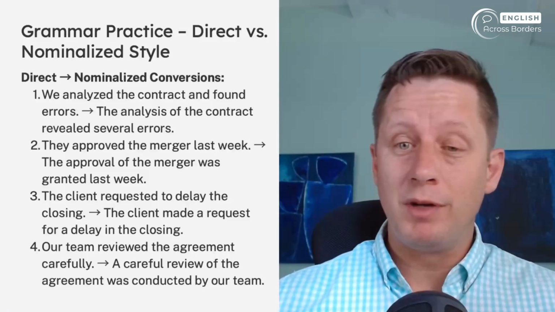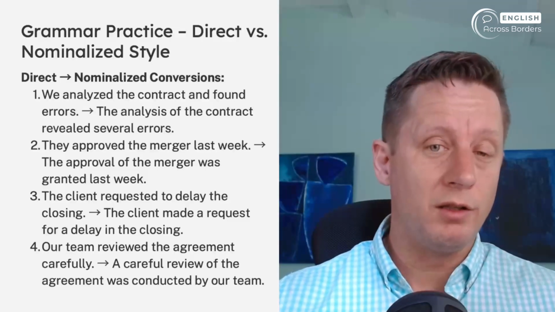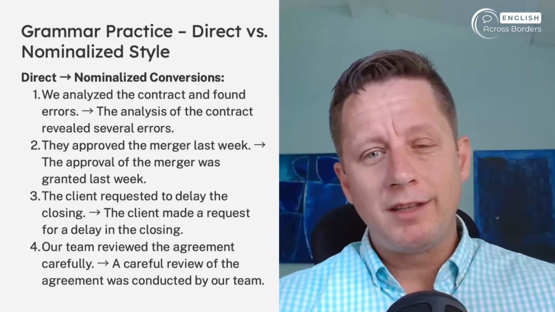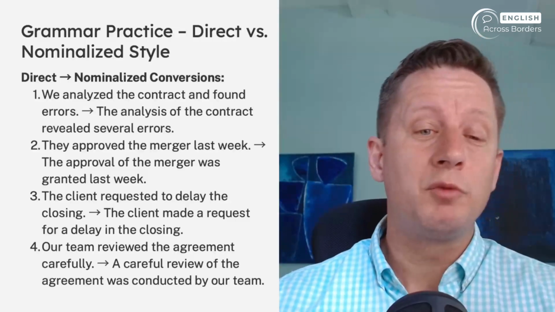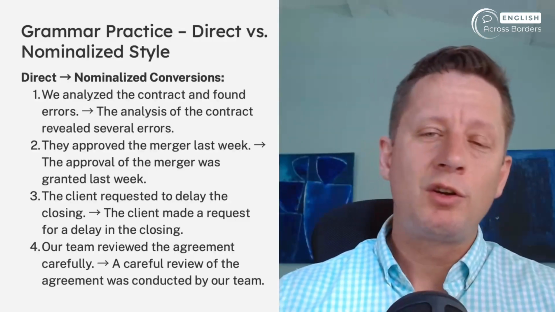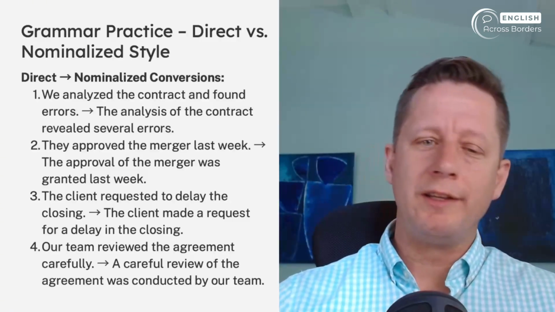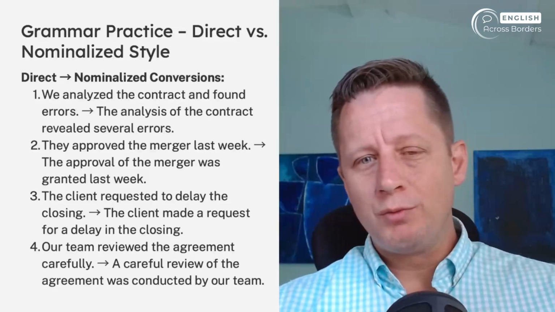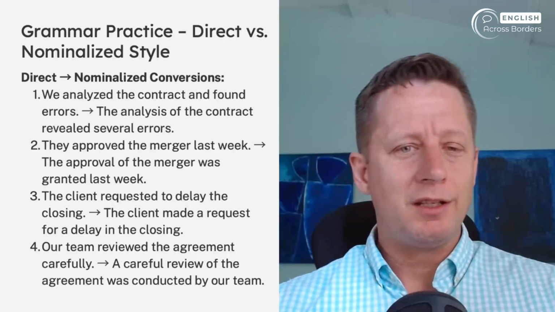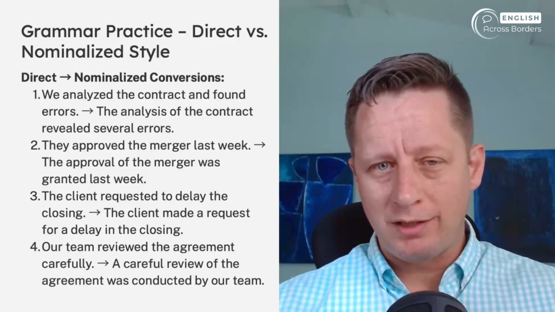A lawyer might write, "The client made a request for a delay in the closing." Nominalization standardizes language, removes unnecessary repetition of subjects, and creates that professional distance expected in formal legal communication. When you draft your next memo, try rewriting active verbs into nouns. You'll instantly sound like an international practitioner.